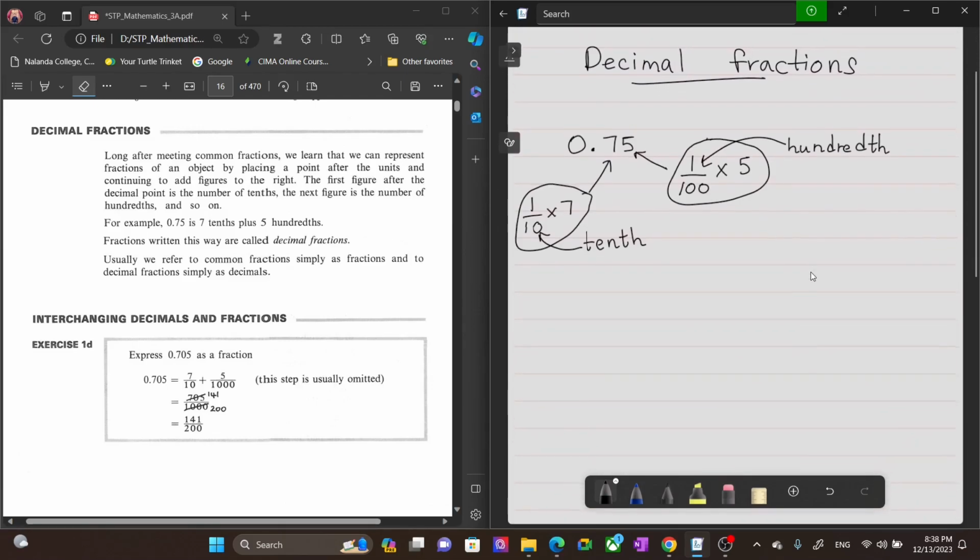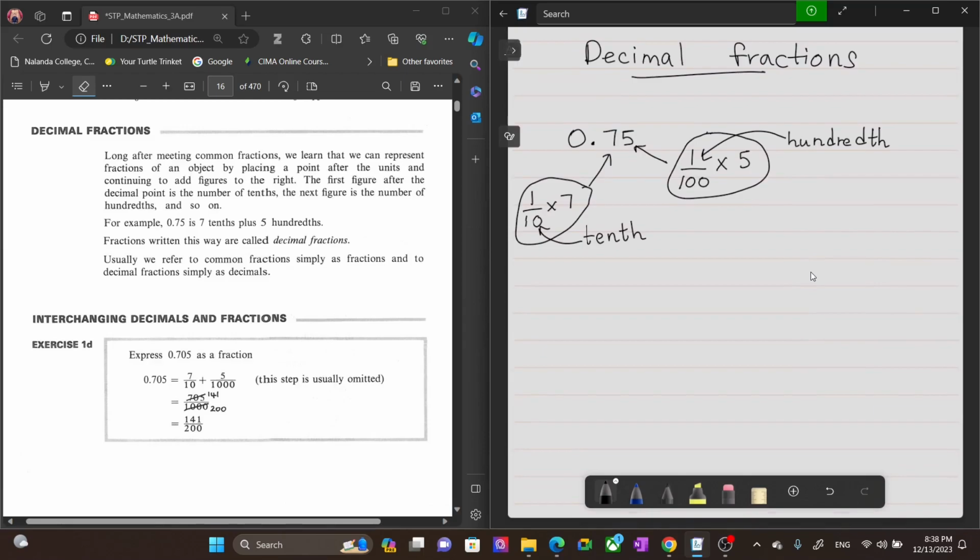I only said that because you need to understand what is meant by decimal fractions. There is no need of that to solve any sums. Here I will explain the example they are giving us, 0.705.